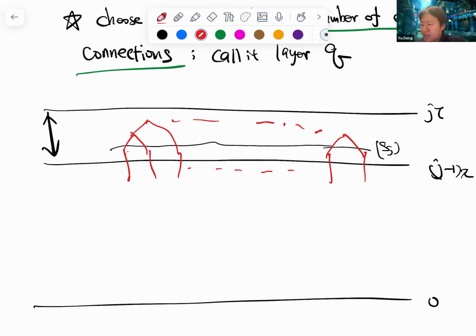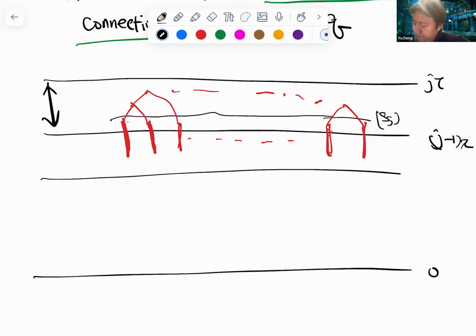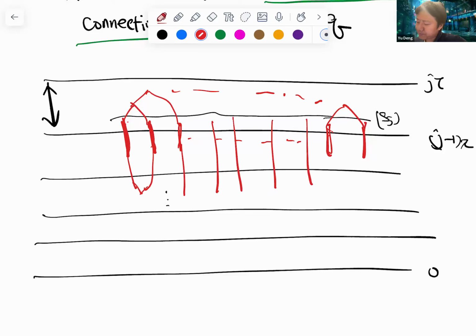On the other hand, if you consider all these particles going down to all the bottom layers, let's say in the next layer only 2 of them get connected, and then in the next layer only 2 of them get connected.